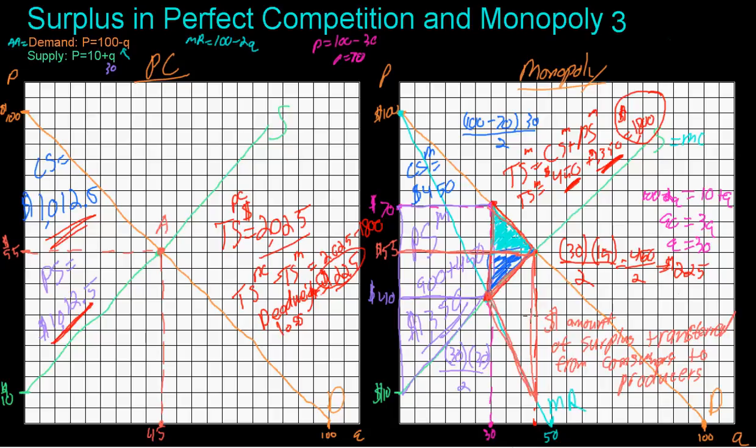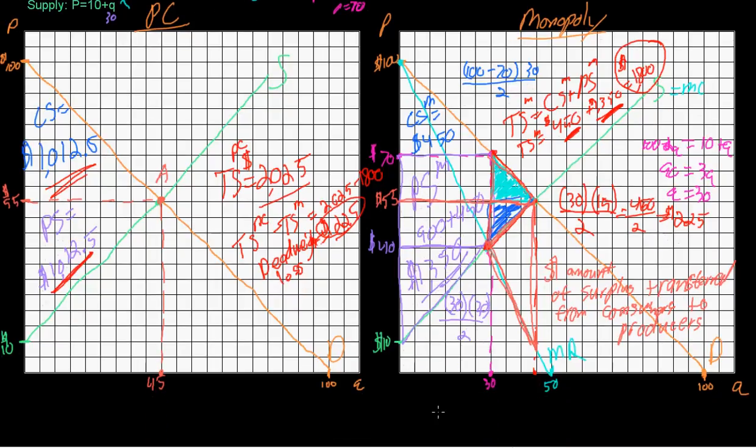So this is written out in algebra. This is the area of this triangle. Let's just call this the area X. The producer surplus in perfect competition plus X is equal to the producer surplus in monopoly.